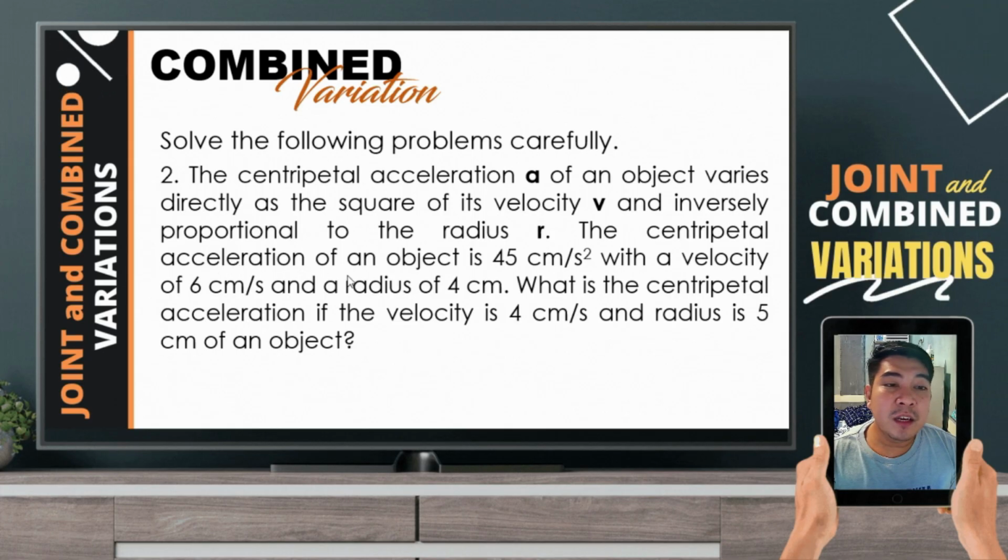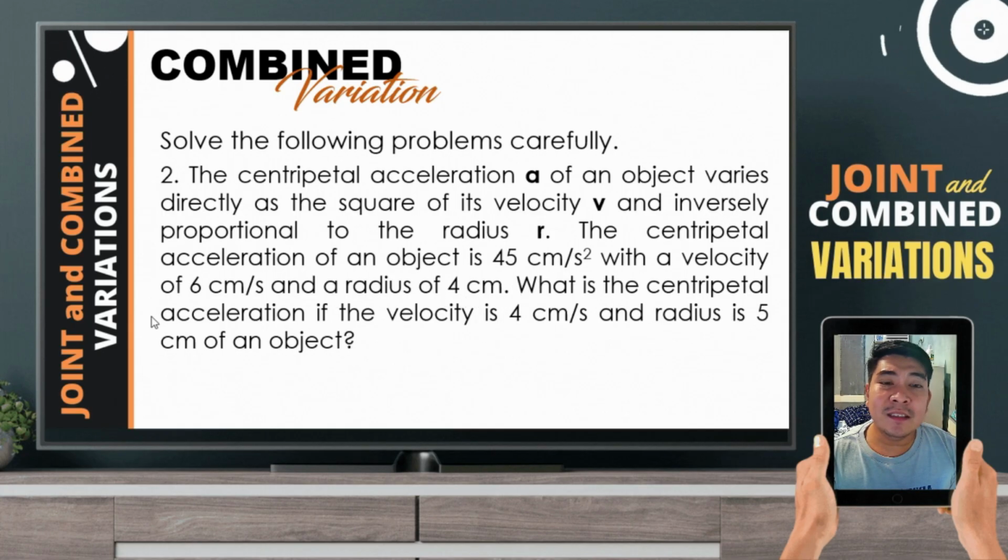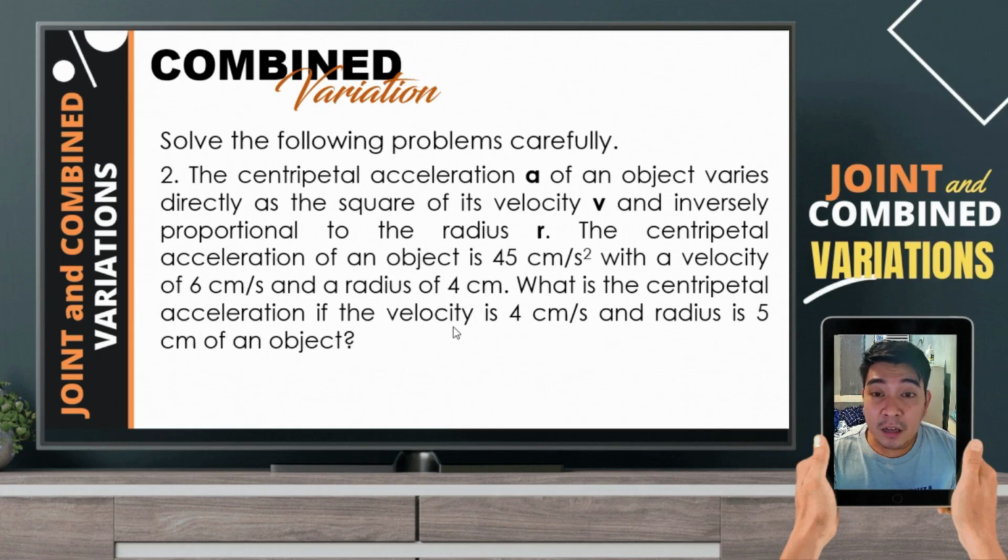The centripetal acceleration of an object is 45 centimeters per square second, with a velocity of 6 centimeters per second and a radius of 4 centimeters. What is the centripetal acceleration if the velocity is 4 centimeters per second and the radius is 5 centimeters?